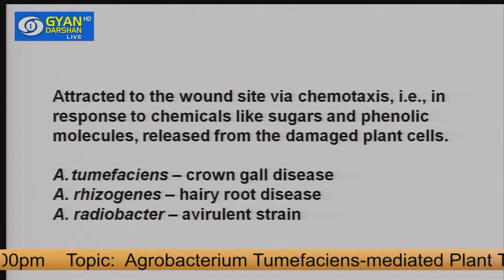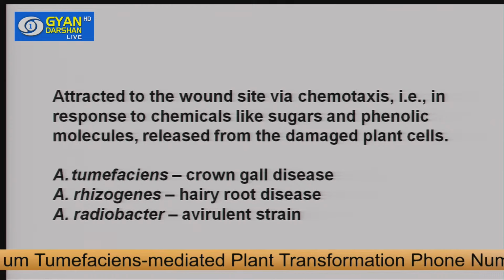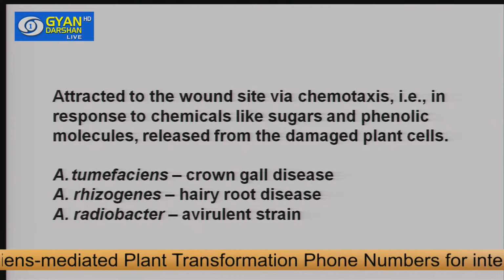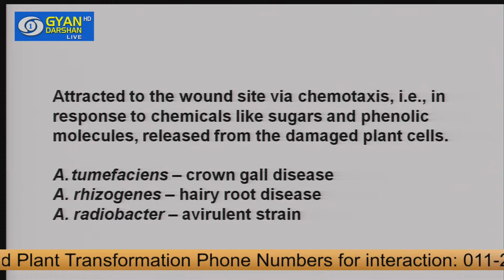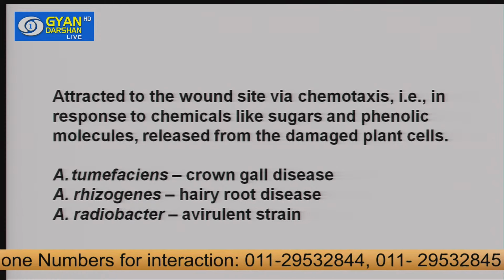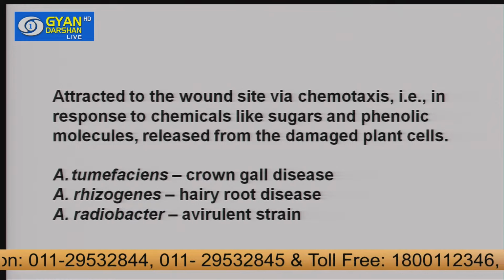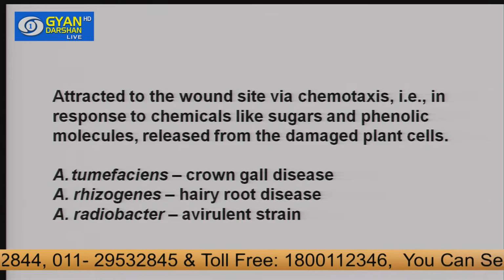These are being released from the damaged plant cells, and in response to those chemicals, Agrobacterium shows chemotactic movement, and it moves from the soil to the damaged site, and thereafter it colonizes at the damaged site.